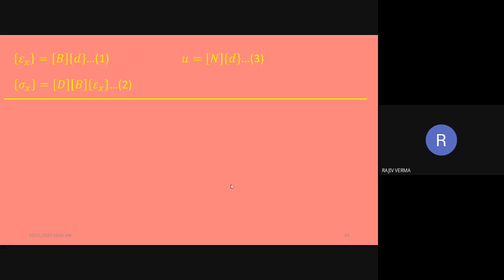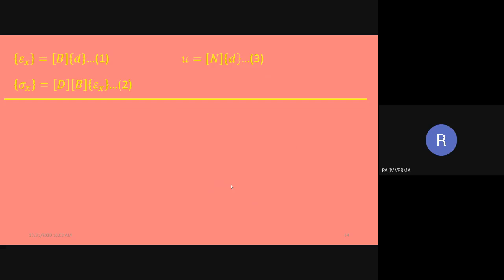So we have obtained equation number 1, which represents a relationship between strain and displacement, equation number 2, which represents stress and strain, and equation number 3, which represents the deformation.